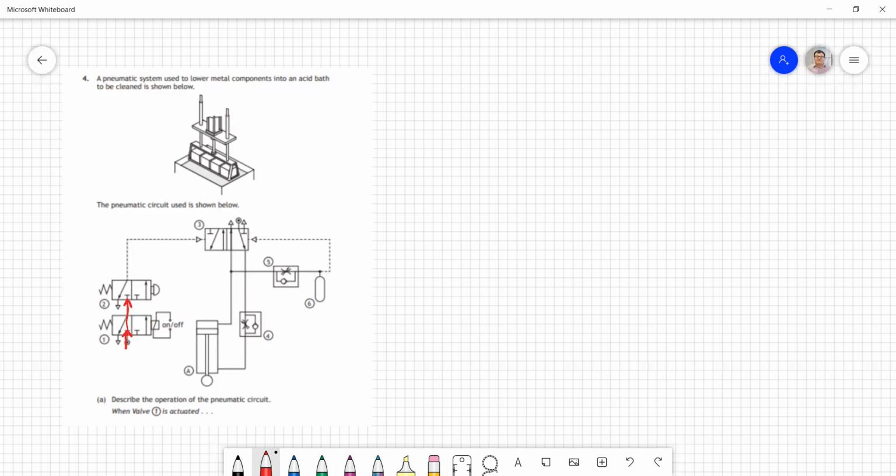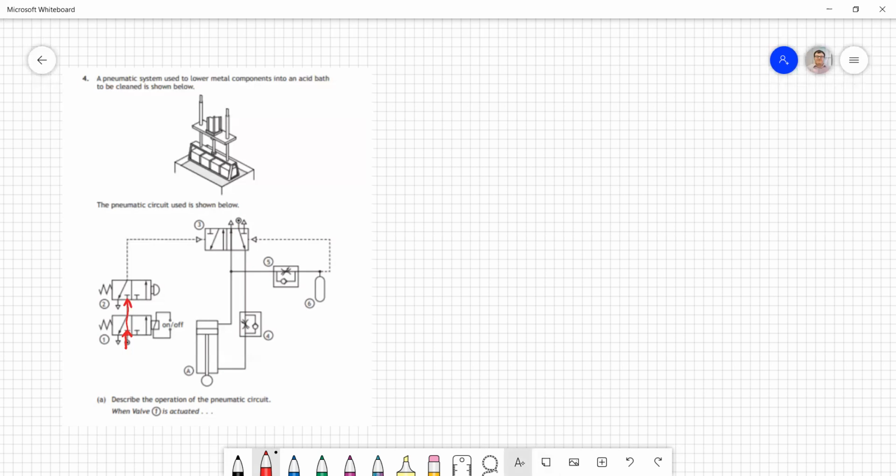we've got air now waiting at valve 2. We should recognize this as an AND control, 2 3-2 valves in series back to back like this. Both must be actuated in order for air to progress.